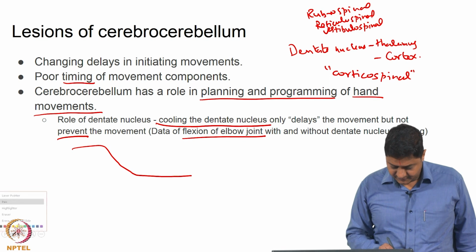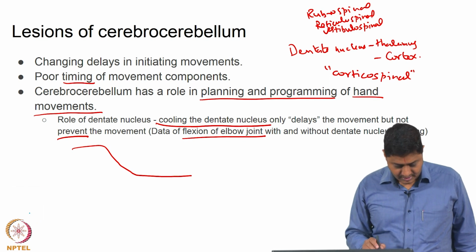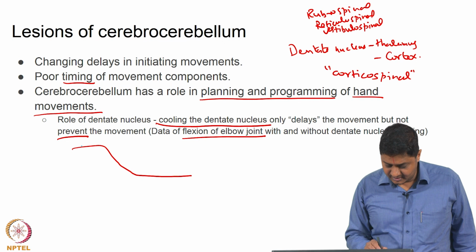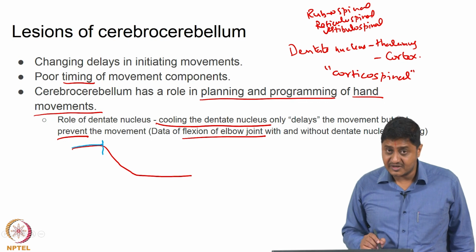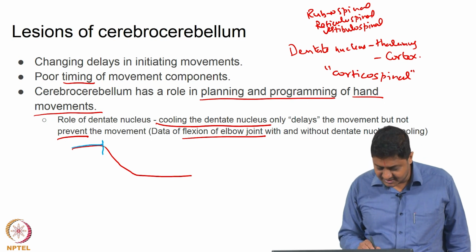Now, that is for the control case, and in the case where there is cooling, right. What happens is that, at around that time is when you expect the movement to start. Actually, that does not happen here because there is a delay.